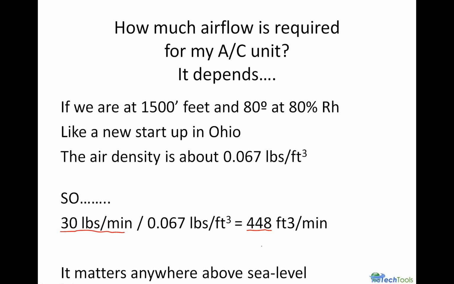So what I'm telling you is on a hot, humid day, we're probably going to need a little more airflow when you set up that equipment initially than you would if we were making our measurements with standard air.